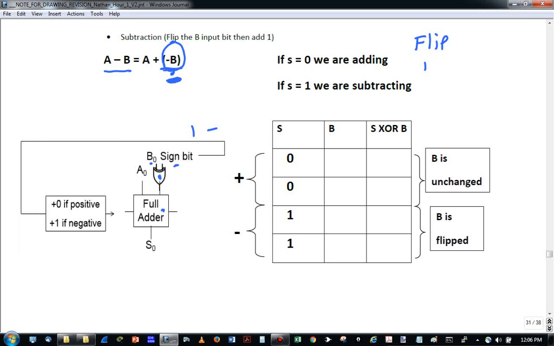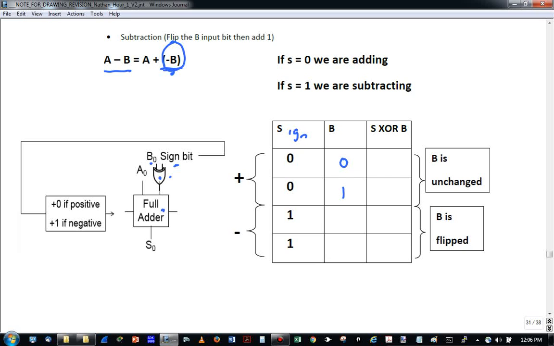So let's have a look at how this XOR part works. If you're looking at the XOR gate here, there's two inputs, B and S, or the sign bit. So this is the sign part. So the sign bit can be 0. If it's 0, B can be 0 and 1. So they're the two different cases, and this represents the plus case.